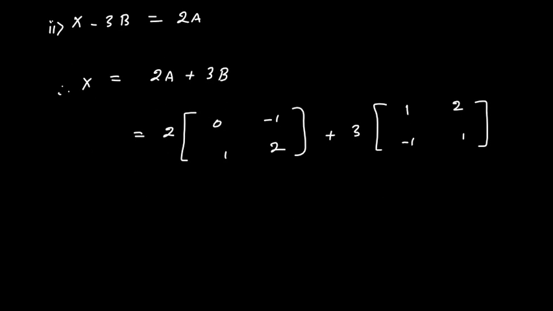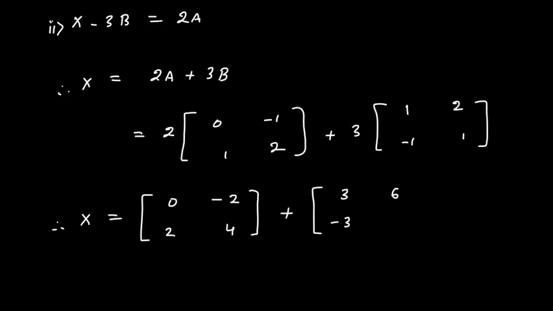So therefore the value of X is equal to 2 into 0, it is 0, it is minus 2, it is plus 2, and it is 2 into 2 is 4, plus, now here 3 into 1 is 3, 3 into 2 is 6, 3 into minus 1 is minus 3, and 3 into 1 is 3.